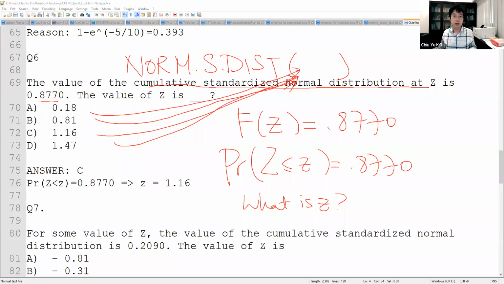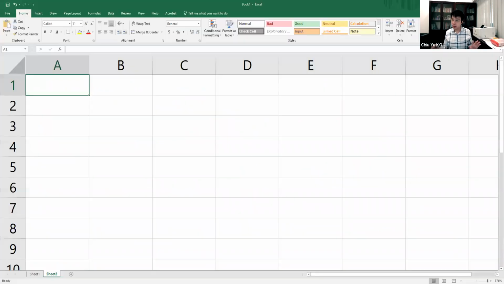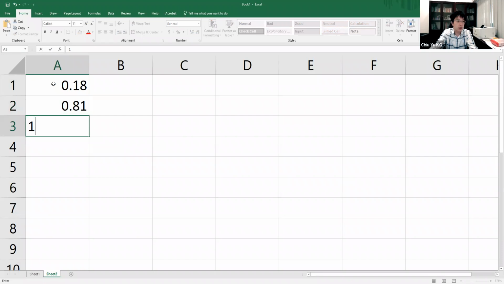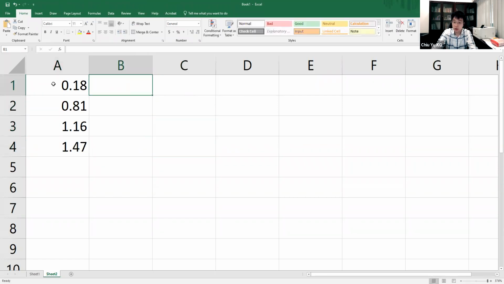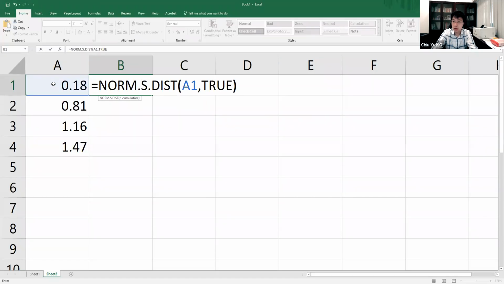So let me share the screen. Can you see the screen? Can you see the Excel spreadsheet? Yes. So we just input the 4 numbers, right? The easiest way is to use the Excel function, NORM.S.DIST, this value, and then TRUE, right?